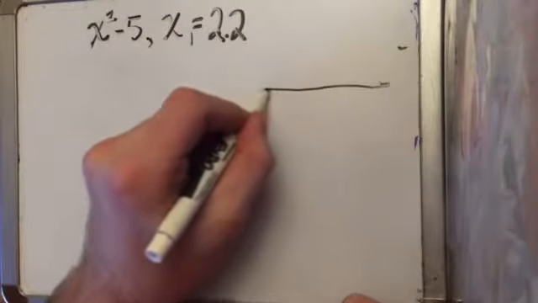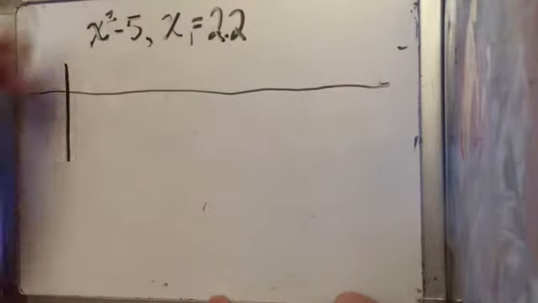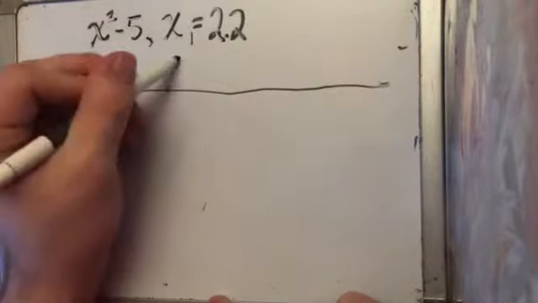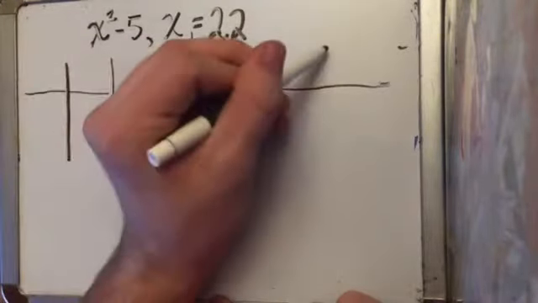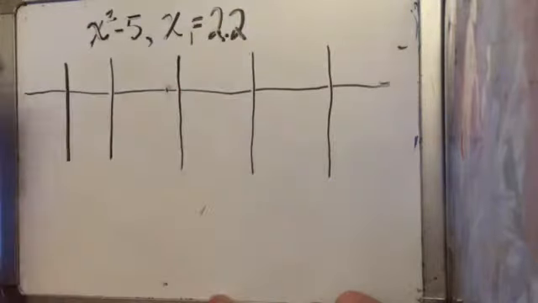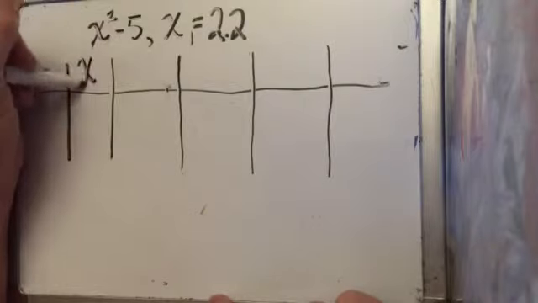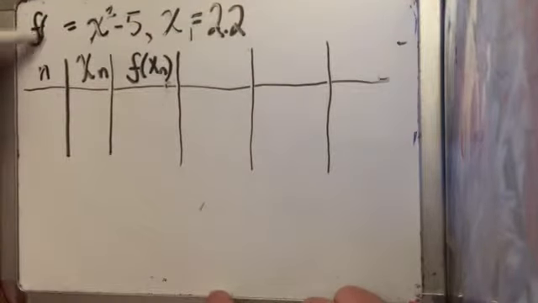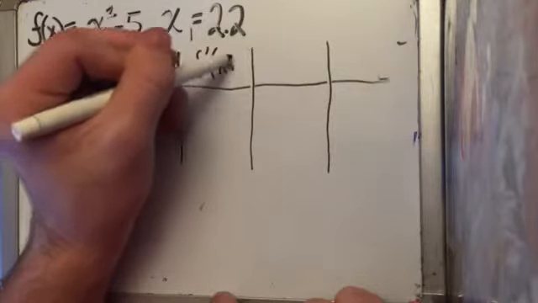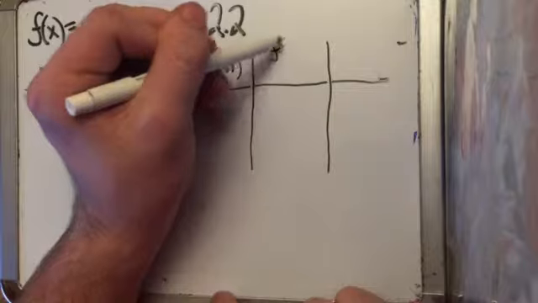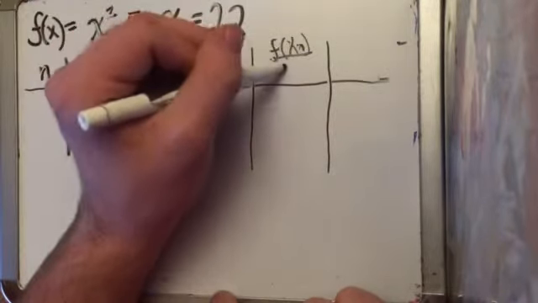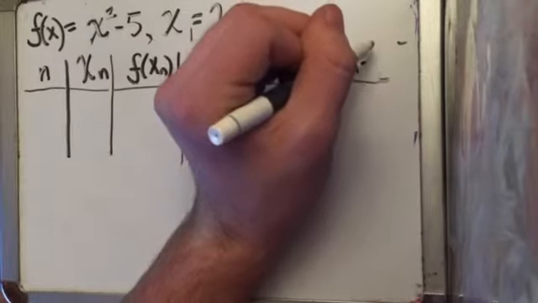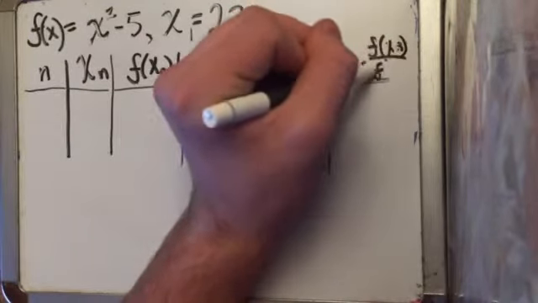And to organize all your information, the best way to do it is to create a table of your values, and it's going to be a 6-column table consisting of n, x sub n, f of x sub n, f prime of x sub n, f of x sub n over f prime of x sub n, and the equation that we use, which is x sub n minus f of x sub n over f prime of x sub n.